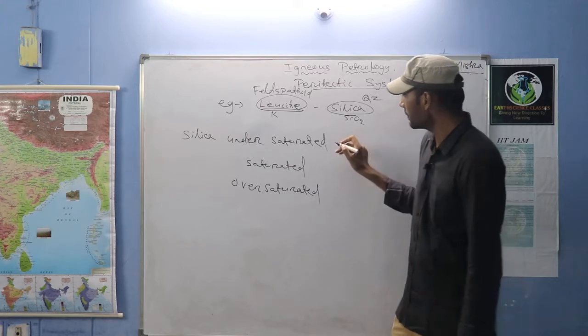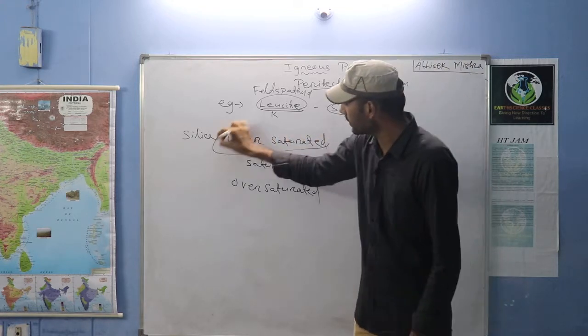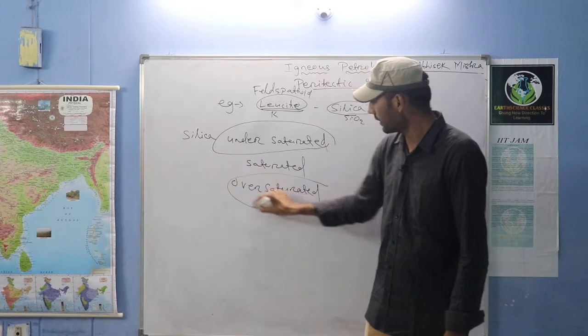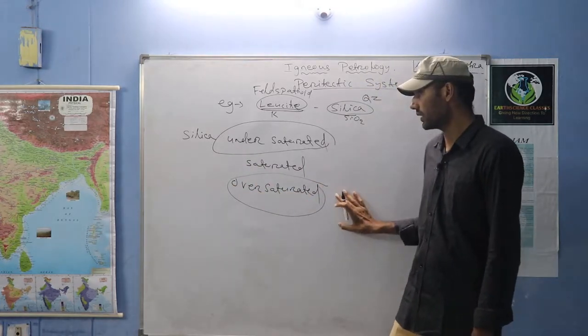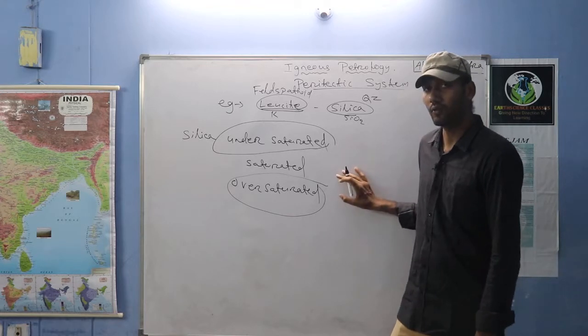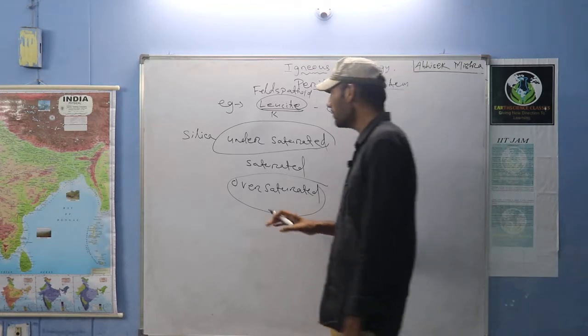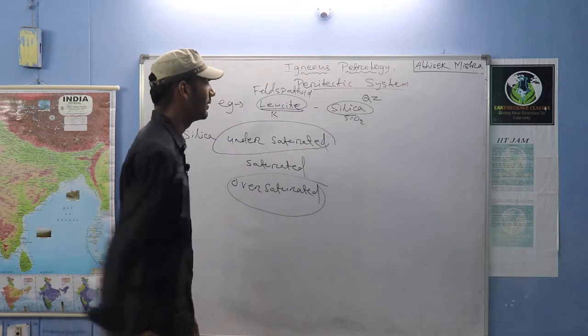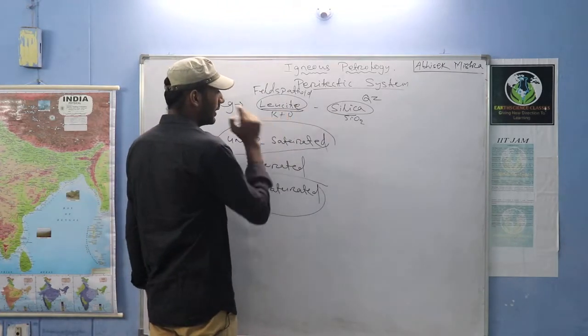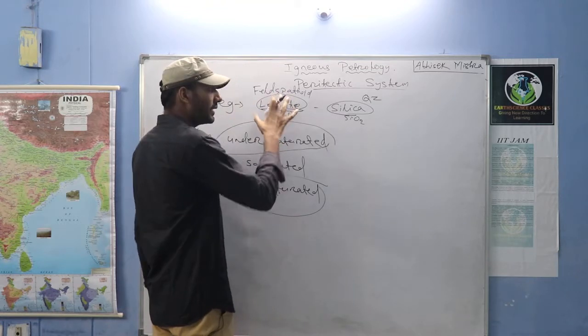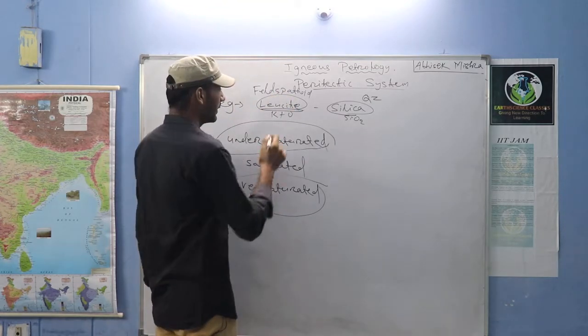Often people say that undersaturated and oversaturated minerals cannot coexist together. For example, as I have told you, leucite is potassium oxide, and that is a feldspathoid.